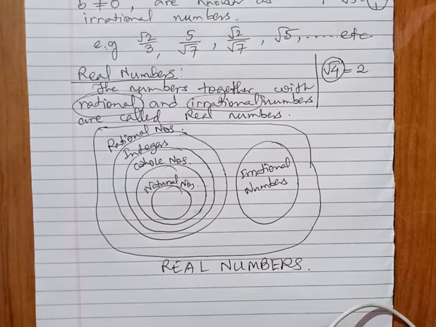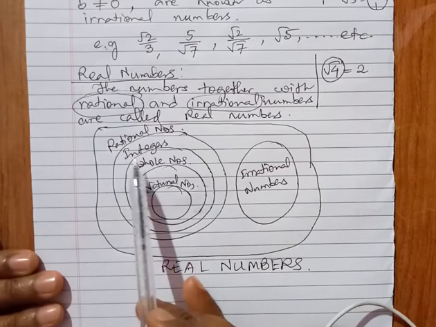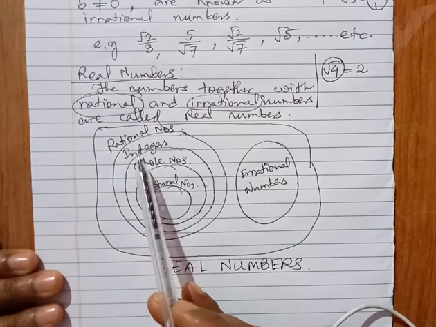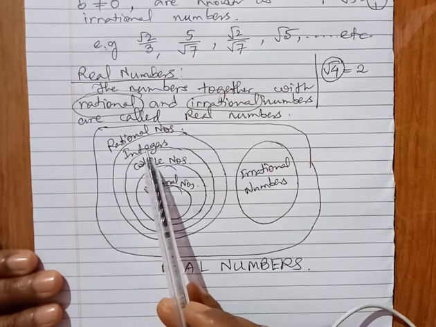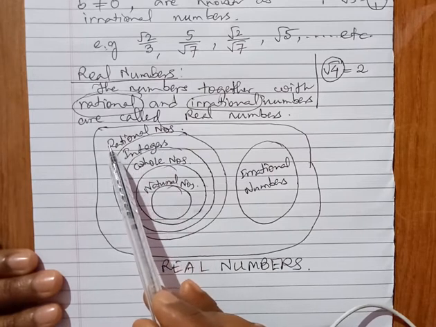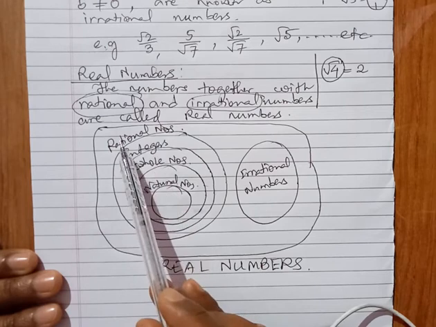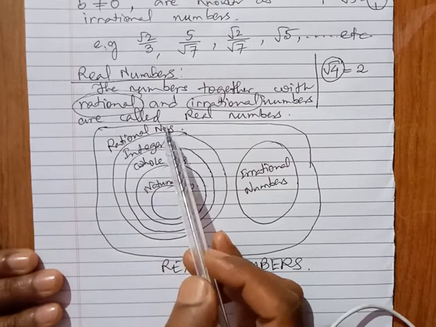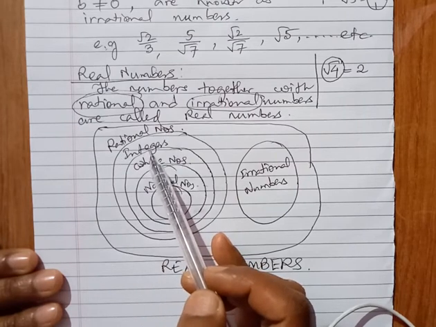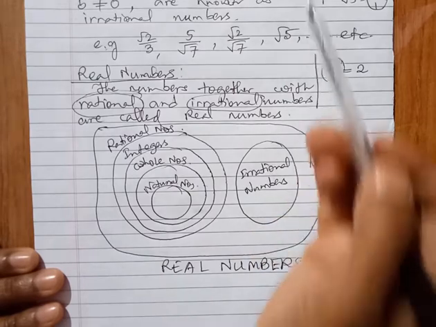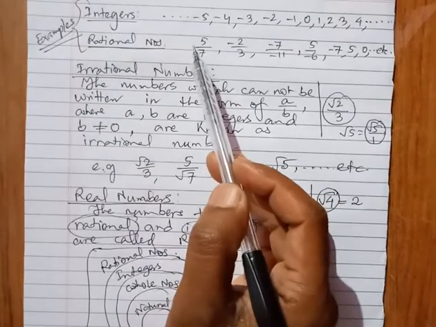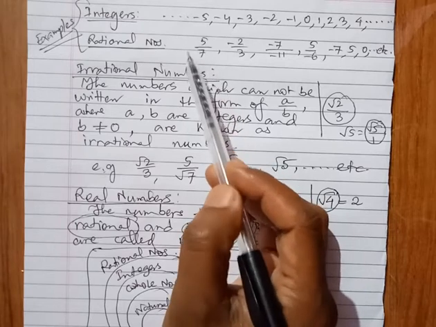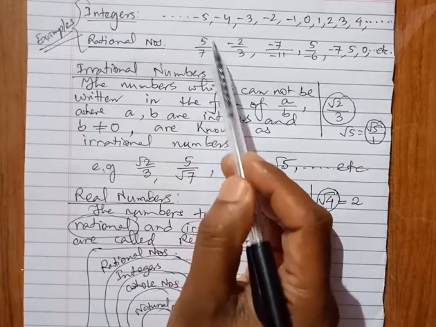Now one question: do you think all the integers are rational numbers? Yes, all the integers are rational numbers because all the integers are included in rational numbers. But conversely, do you think all the rational numbers are integers? The answer is no, because you see here 5/7 is a rational number, but this is not an integer.